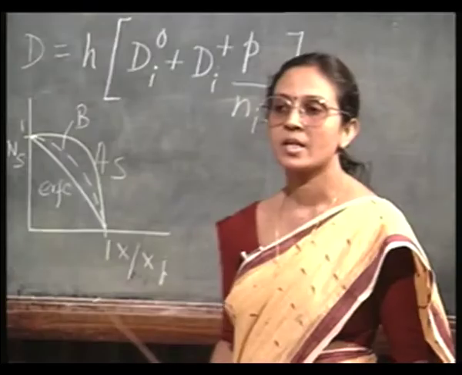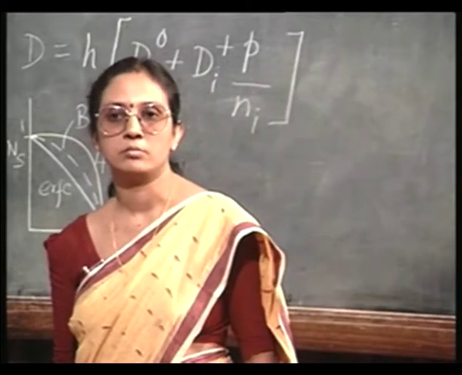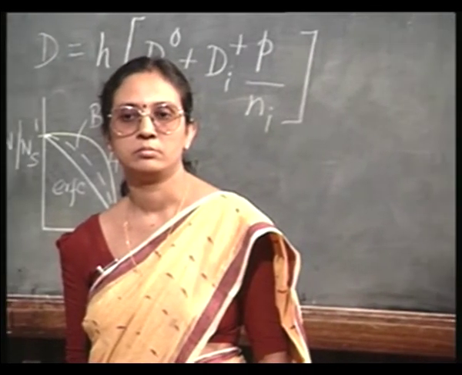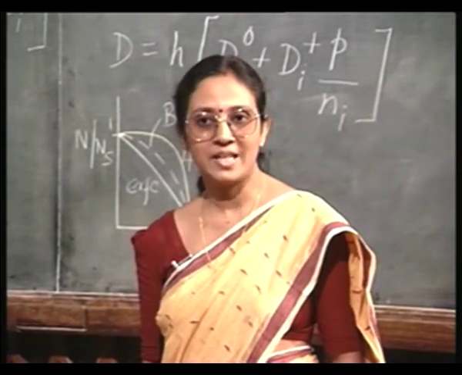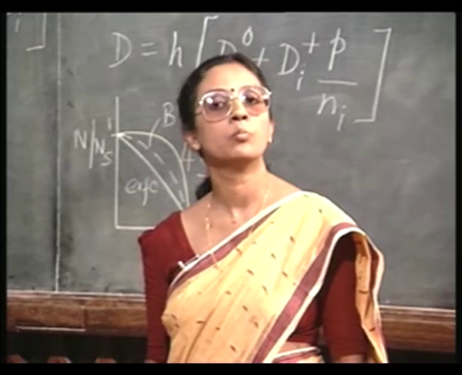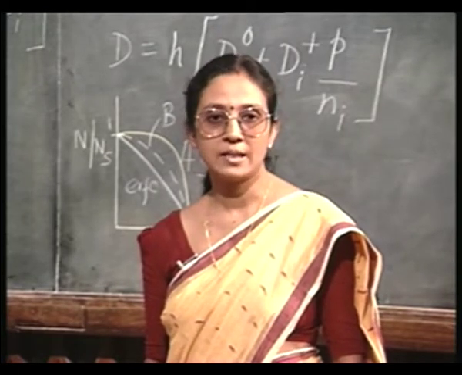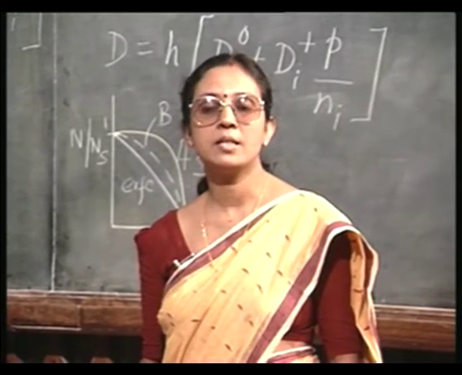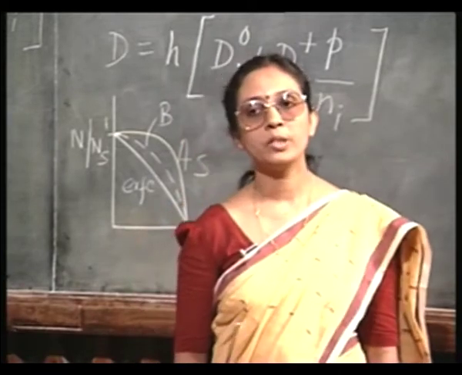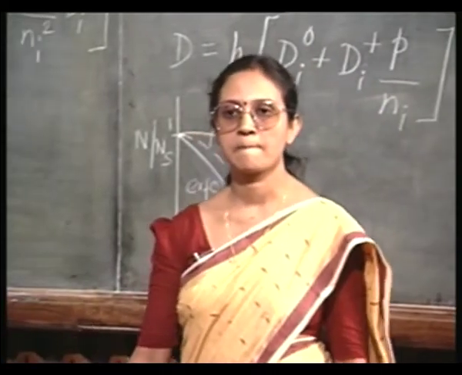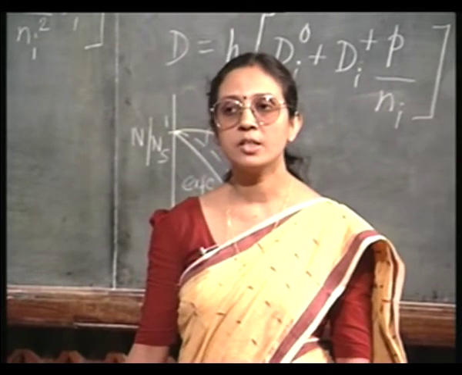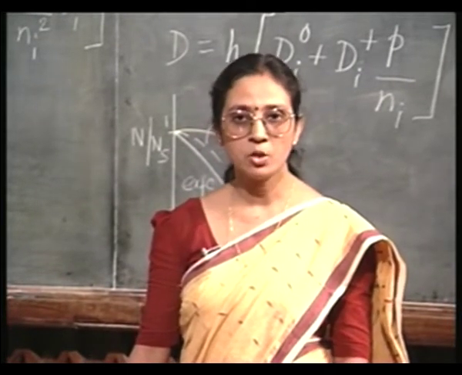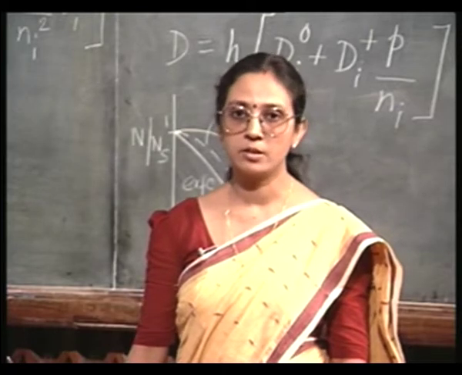Consider an NPN transistor. Therefore, the base is boron doped, and let us say that the emitter is doped with phosphorus. You know that after the base diffusion we have to carry out the emitter diffusion.